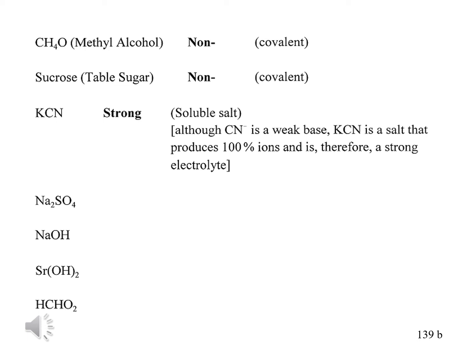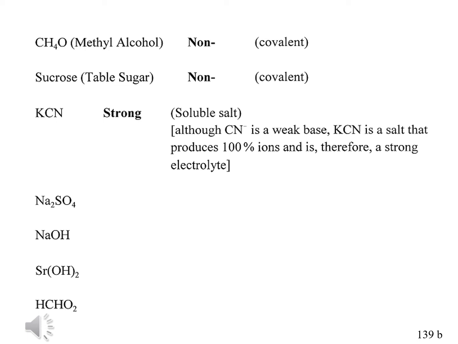That automatically makes it a strong electrolyte. It doesn't matter whether the salt is acidic, basic, or neutral, it is a strong electrolyte because of the number of ions. If you're doing pH problems, that's like the next step down. CN- would give you OH-, but that really doesn't have that much to do with the electrolyte properties.